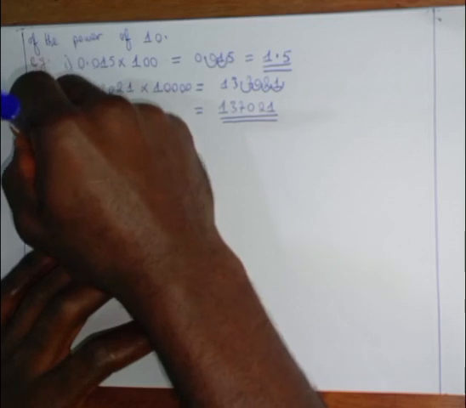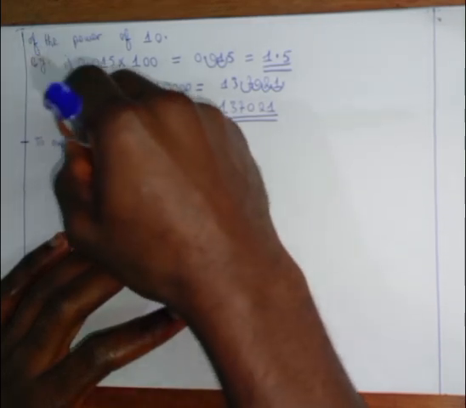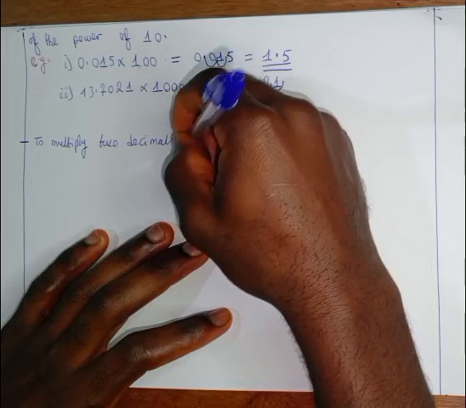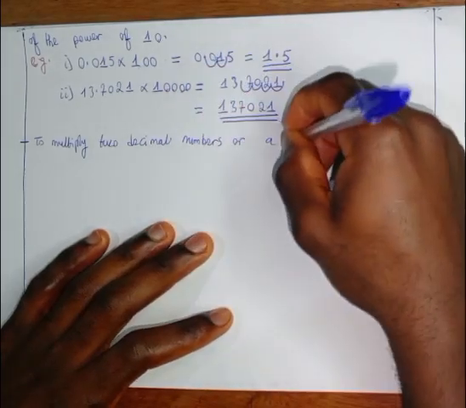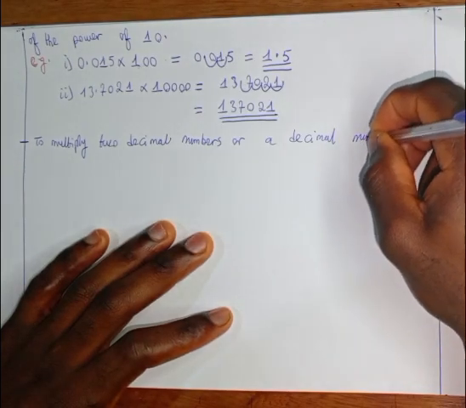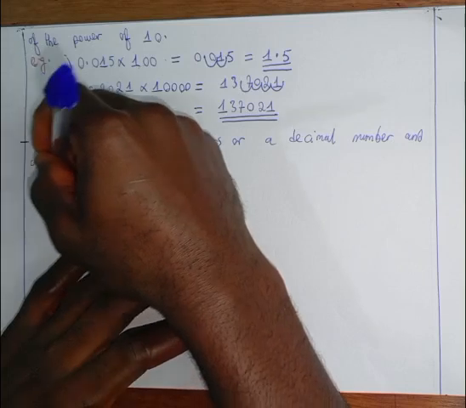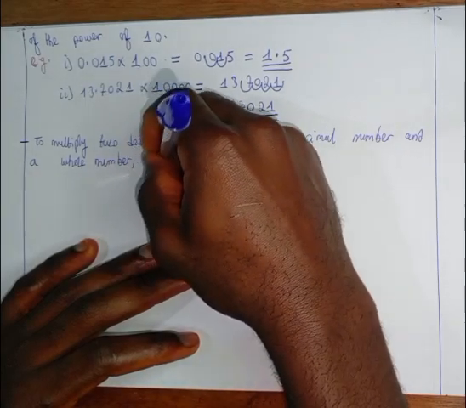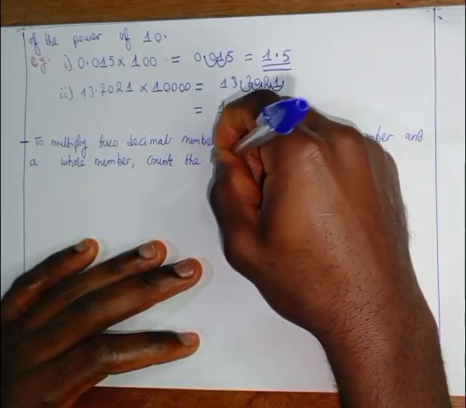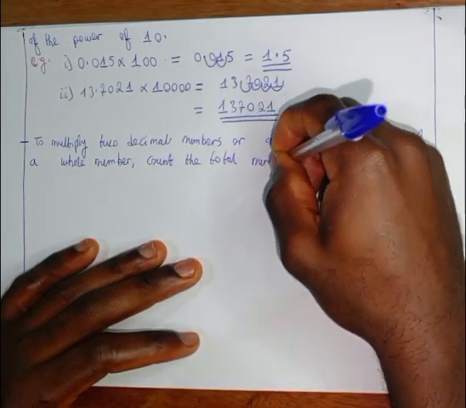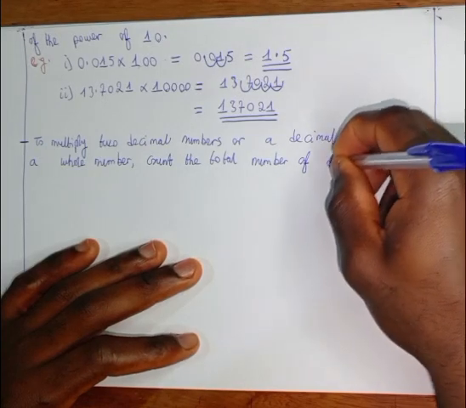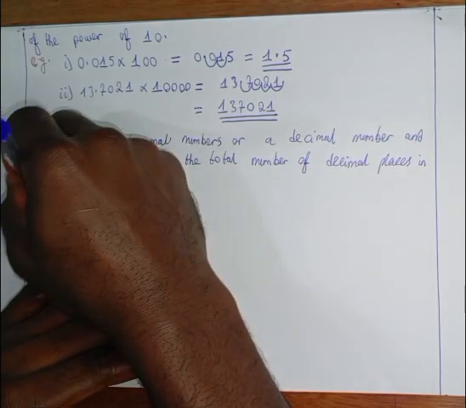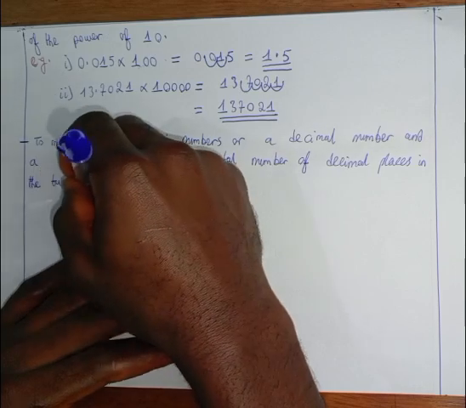We take now the next heading: to multiply 2 decimal numbers, or a decimal number and a whole number, count the total number of decimal places in the two numbers.